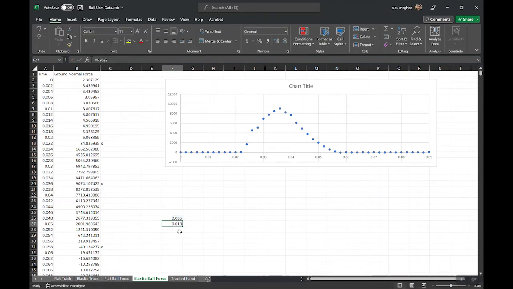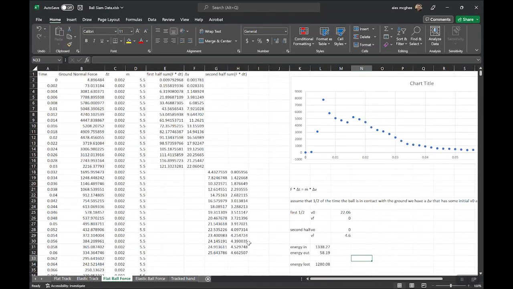Half time is at 0.018, so this plus 0.022 means half time is at 0.04. So we would integrate from here to here and then from here to here. We do the same exact type of analysis to get the energy lost.